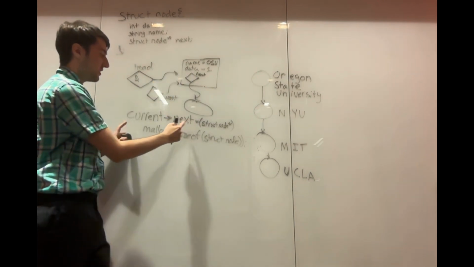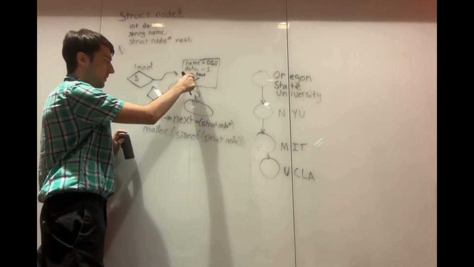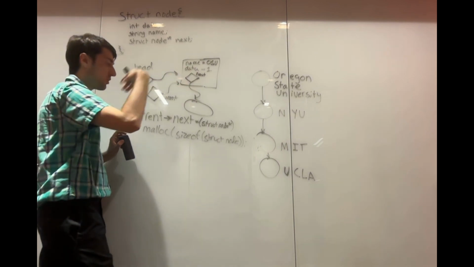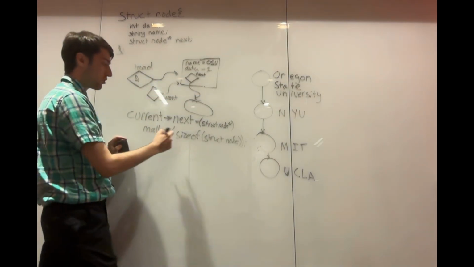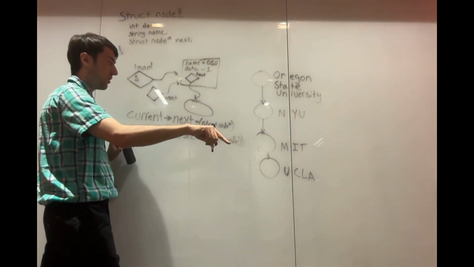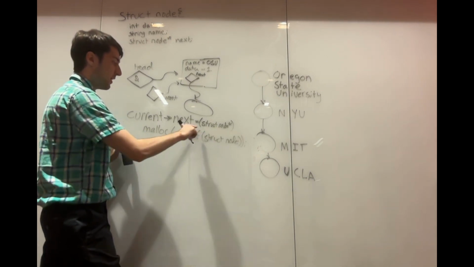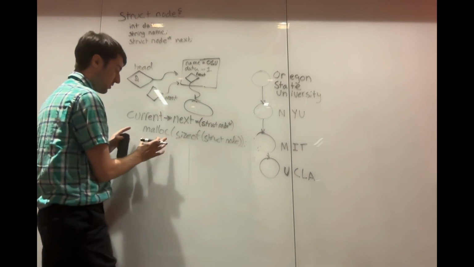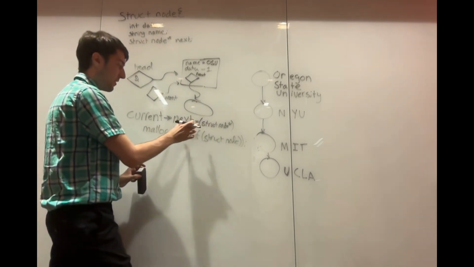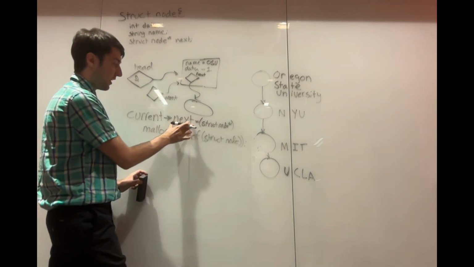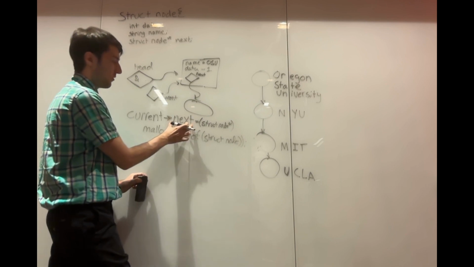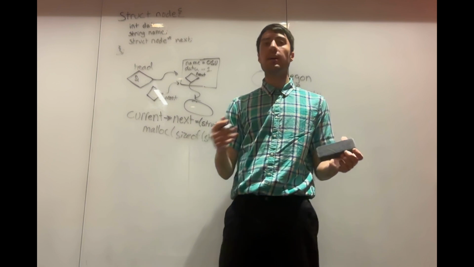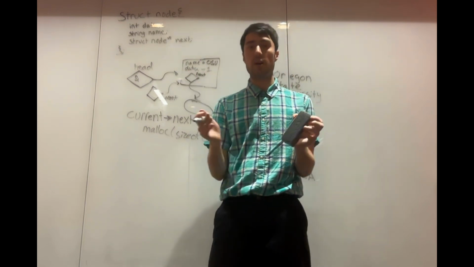So we're changing this next right here, and we are allocating memory. This malloc function returns the address of the memory it just allocated, and that is cast as a struct node pointer. Then that memory is stored in a pointer variable. Remember, a pointer variable's entire job is to store a memory address.